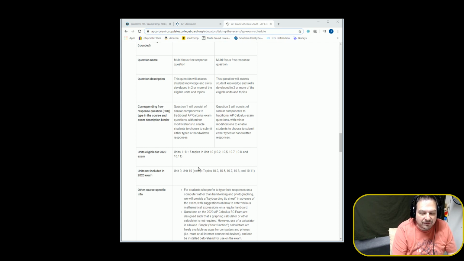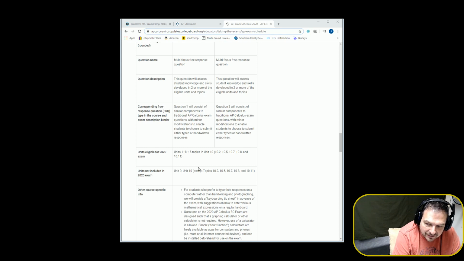The only difference between A, B, and BC is, remember, AB is 1 through 7, and BC is unit 8, which is the area and volume stuff, and then unit 10. Those are the extra stuffs for BC. And plus a little bit of extra. For example, we do separation of... what's that one called?